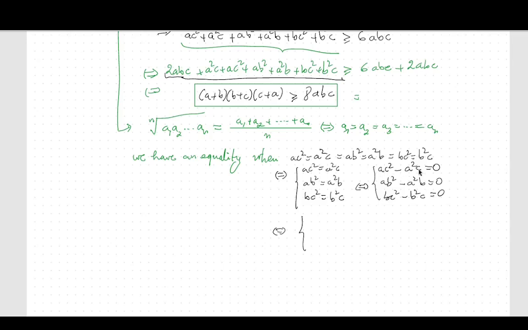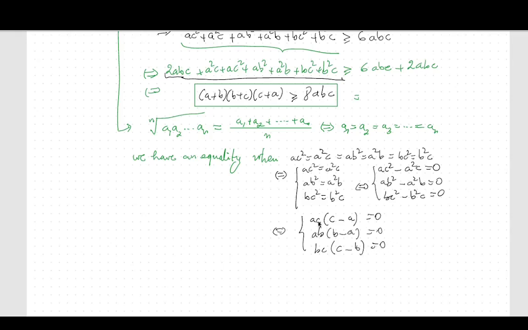We have a and c, both are factors, so we factor by ac. So we have left here c minus a equals 0. And the second one we can factor by ab, and we have b minus a equals 0. Third one, I can factor bc, so we have c minus b.